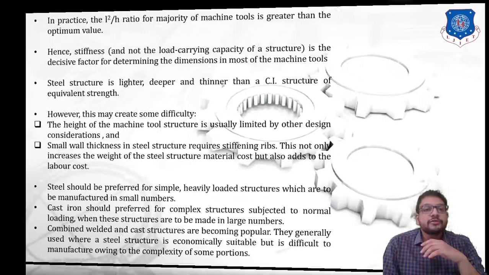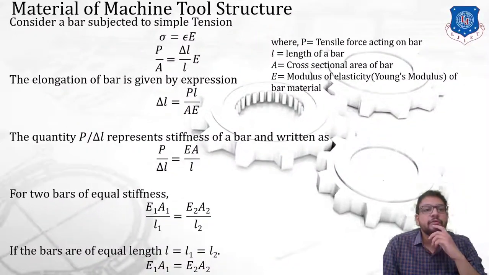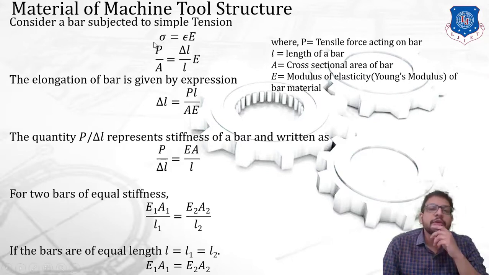Okay, let's proceed further. Now we need to see the material of a machine tool structure. Let us consider a bar which is subjected to simple tension. As we know very well from Hooke's law, sigma is equal to epsilon E, where sigma indicates normal stress, epsilon indicates strain, and E indicates Young's modulus, that is modulus of elasticity.